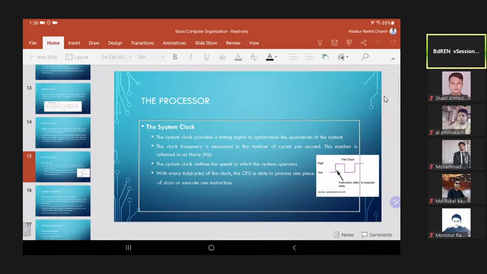With every tick or cycle of the clock, the CPU is able to process one piece of data or execute one instruction. So if you have 3.7 gigahertz, which is your speed, that means you can process 3.7 times 10 to the power 9 tasks or pieces of data in 1 second.